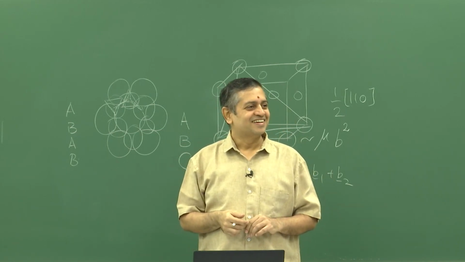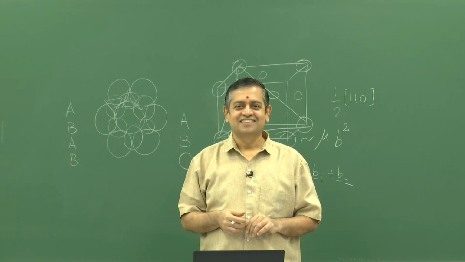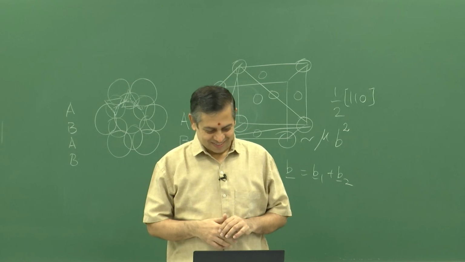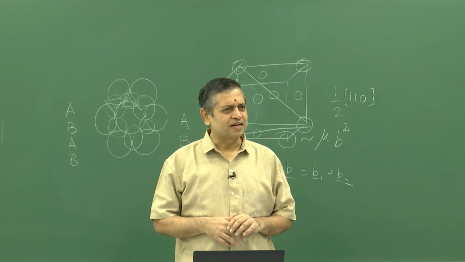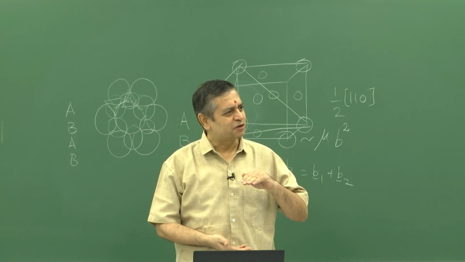Think of interchanging these two vectors as translation vectors. If I remember correctly, if you move the trailing partial, one atom comes on top of another, right? You see it here.